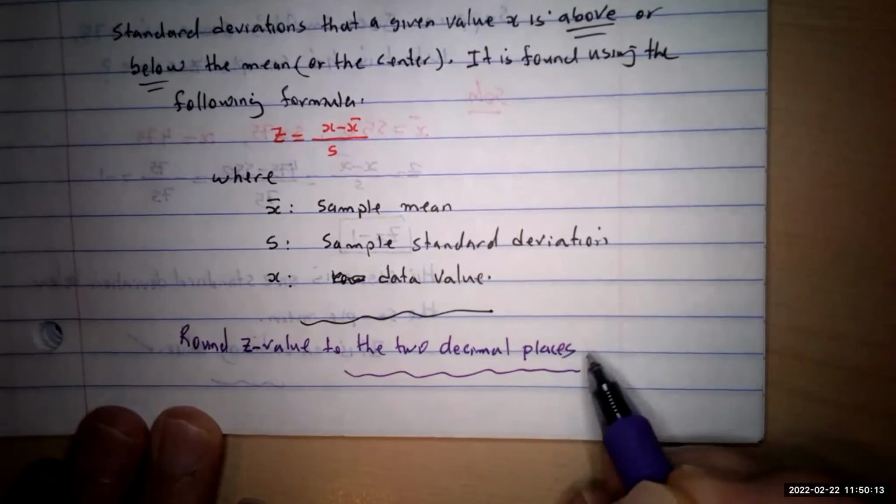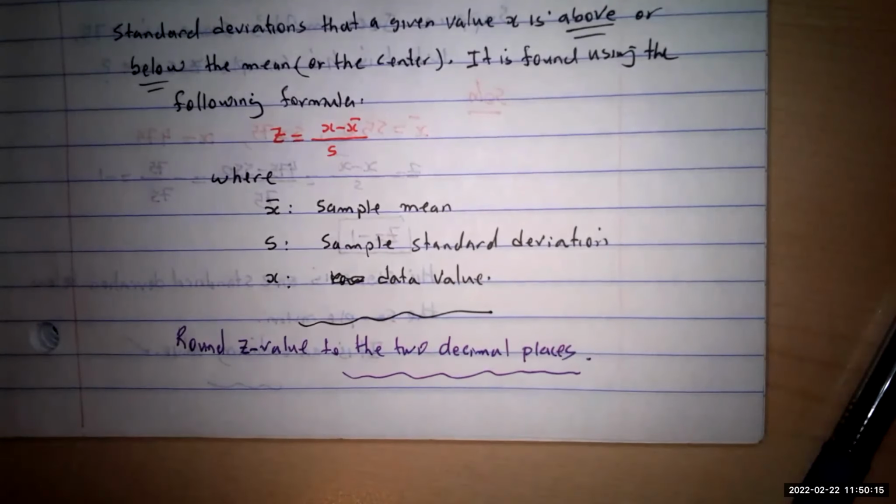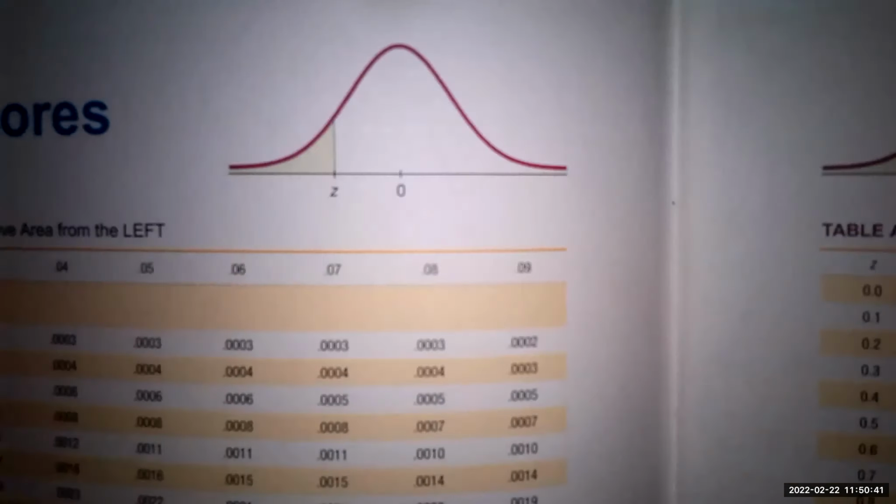Everything we are going to do in this course depends on this Z value in future, not now, but I'm giving you a hint, so get used to it. Even if you use your calculator, make sure you round to 2 decimal places only. Look at these tables, not for now, but for future.